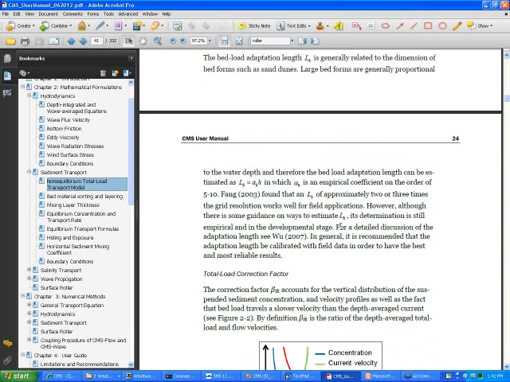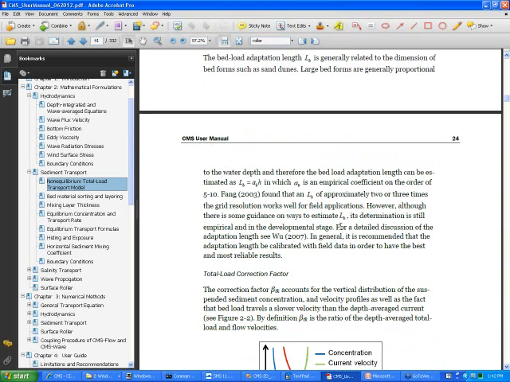If you have a very small, tiny inlet like Shark River Inlet that's dynamic, and your grid cells are 5 meters, then probably your results are going to be sensitive to adaptation length, because your adaptation length is on the order of or larger than your grid size.